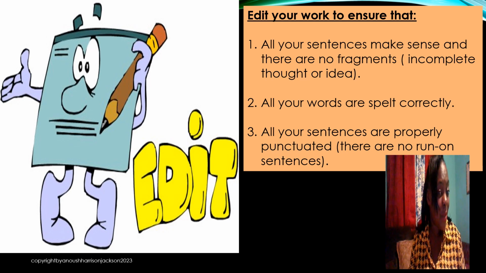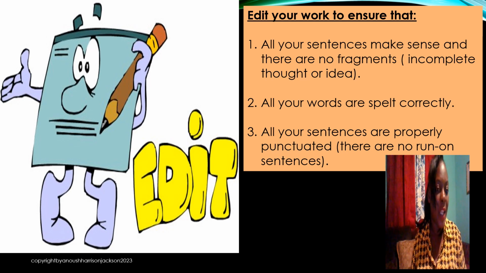Okay, because students sometimes have a problem with spelling. Some very simple words sometimes are spelled incorrectly, and so it is important that you read over your sentences and check your spelling.